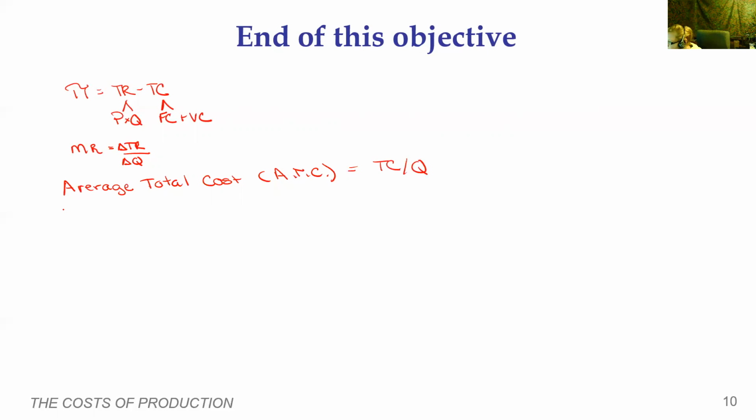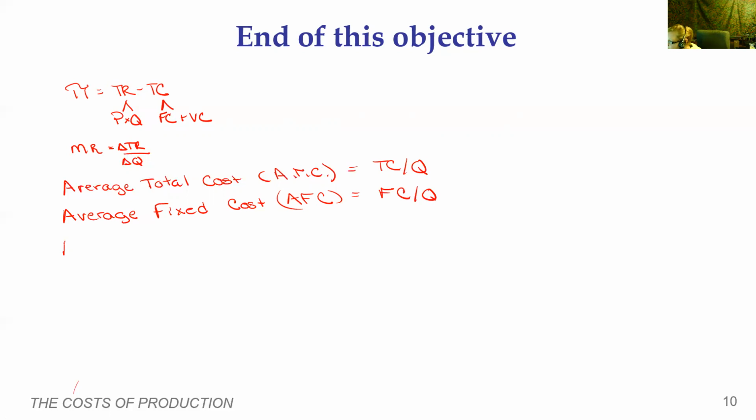For average fixed cost, which we will call AFC, that is equal to fixed costs over our quantity.